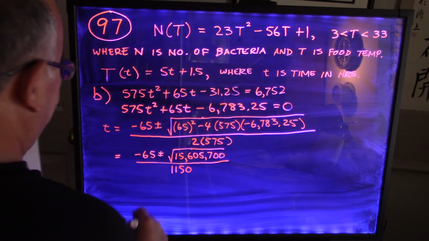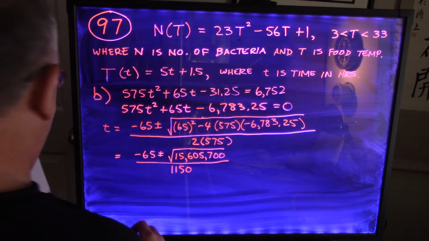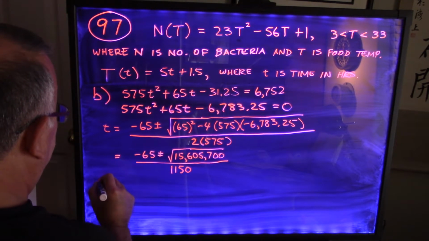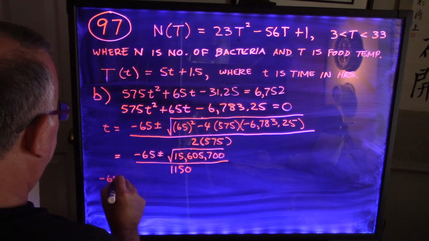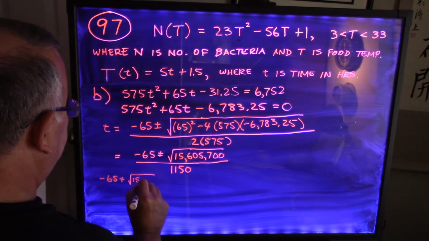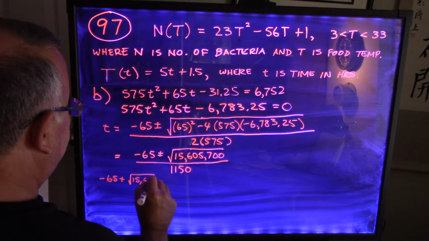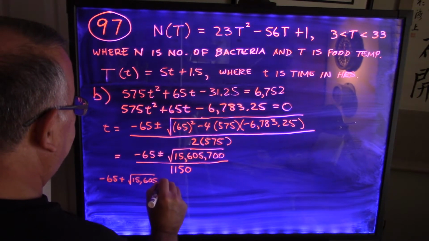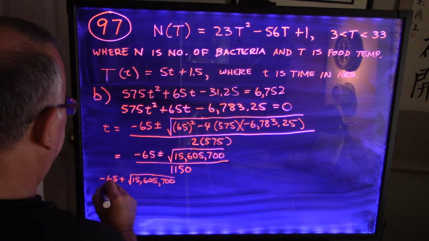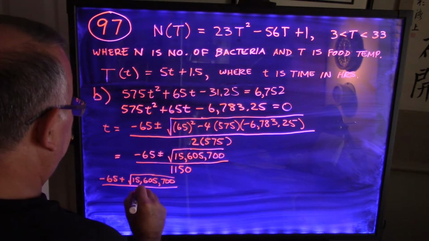So I'm going to write negative 65 plus the square root of 15,605,700 over 1150.